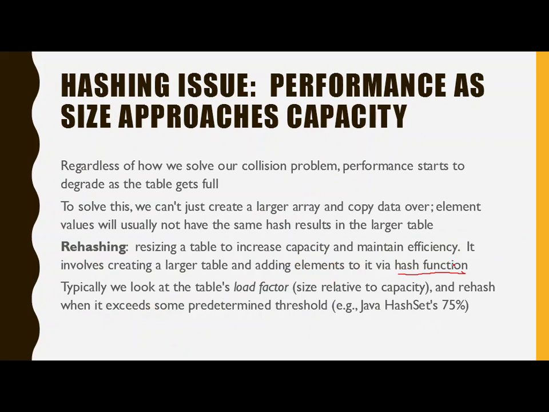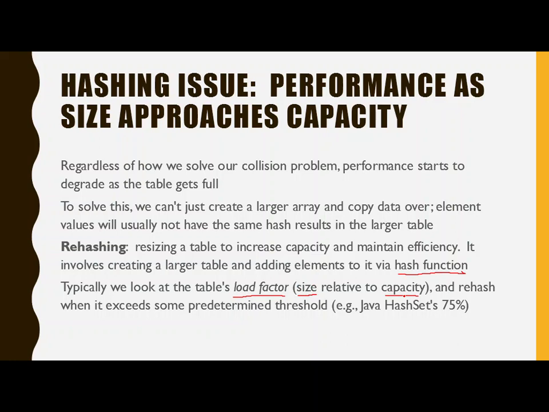So one of the things that we often do is every time you're going to add an element to this hash table, every time you're going to hash something, you're going to first look at the load factor, and that is the ratio of the size relative to the capacity. Size being how many elements you are monitoring, and capacity is how big is the array.